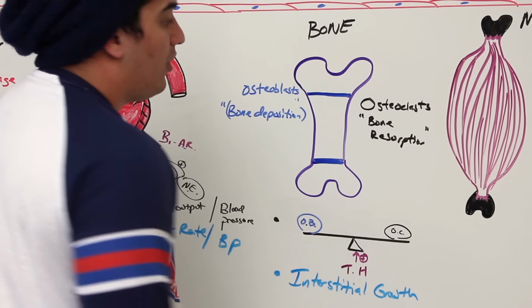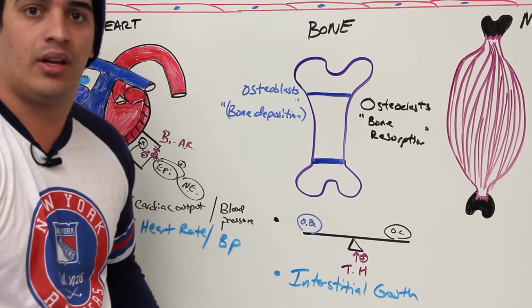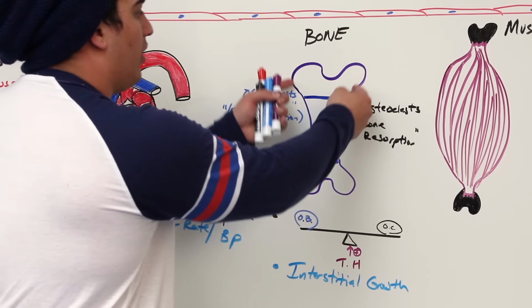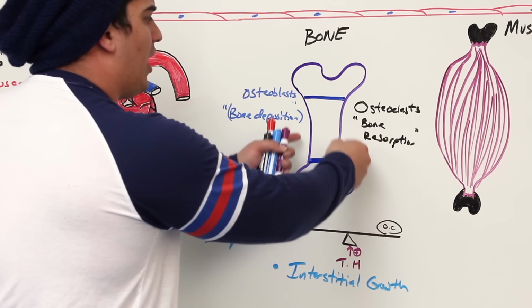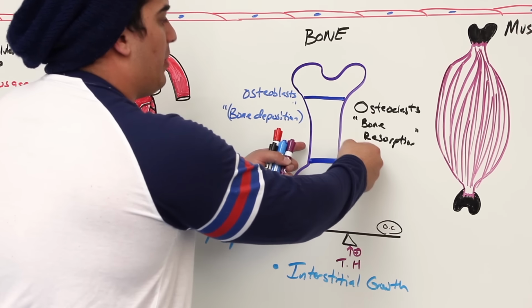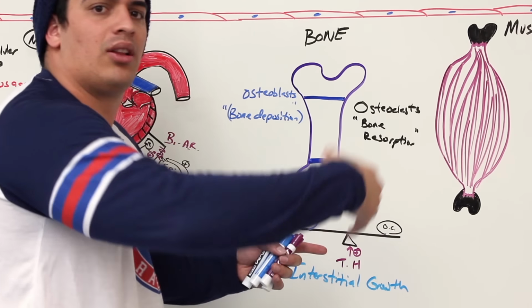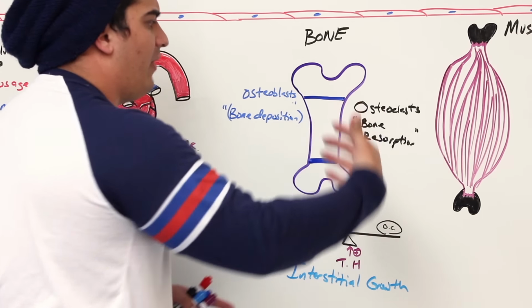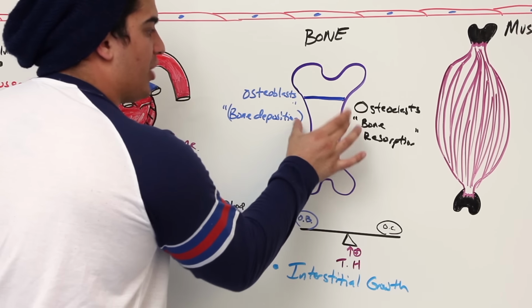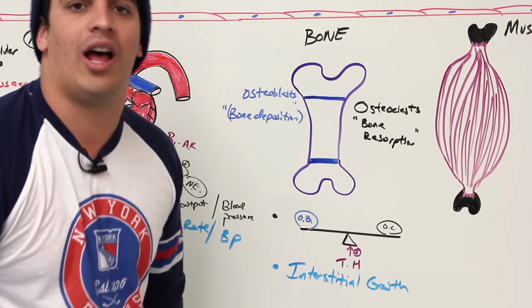You know what else it helps to do whenever the baby's developing or they're growing? Endochondral ossification. So it helps to be able to turn the hyaline cartilage. In endochondral ossification, you start with the perichondrium, and then it turns into a periosteal bone collar, and then the periosteal bud invades, and a whole bunch of different types of activity occur, right? Where you're basically turning the cartilage into bone. Thyroid hormone helps that activity.